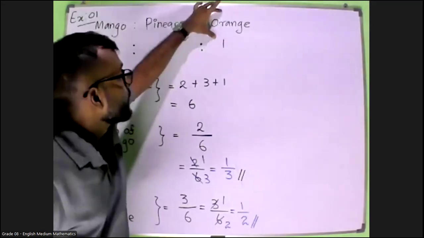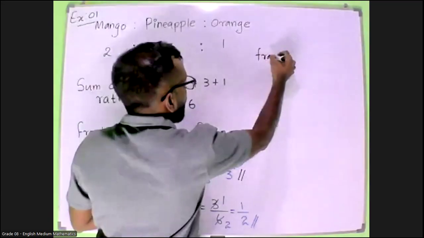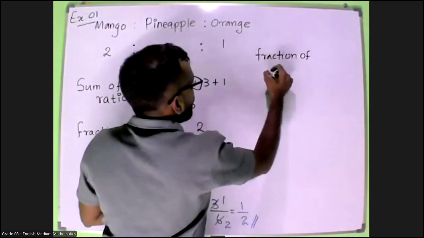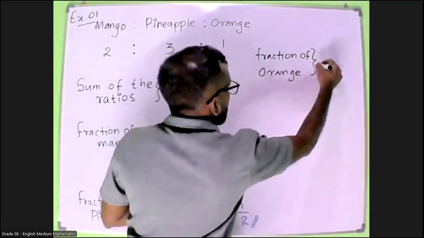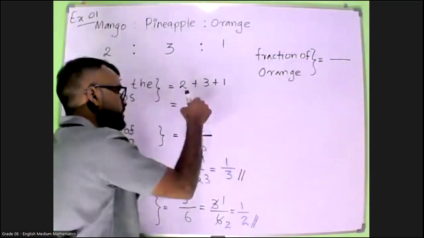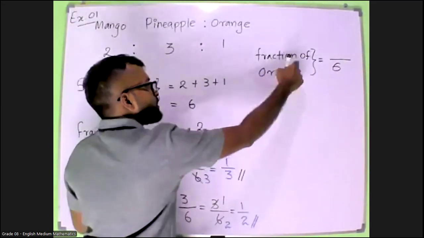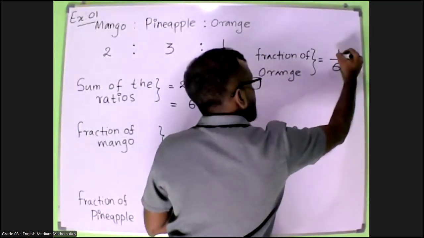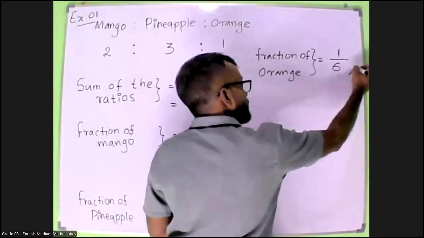So last thing, orange. Fraction of orange equals total mixture you have 6 parts. And in that total mixture, orange 1 part. 1 upon 6. So this cannot be simplified further. So this is the final one.